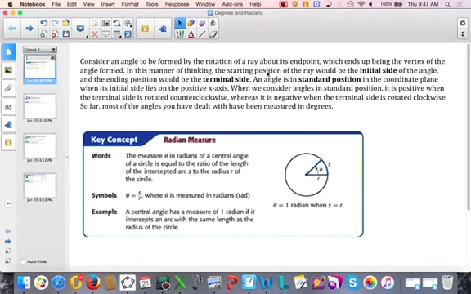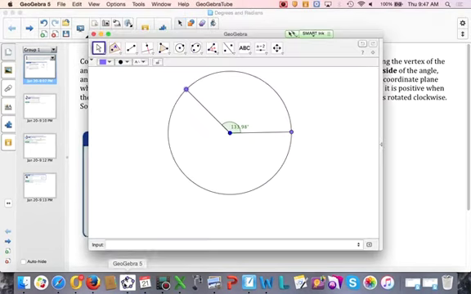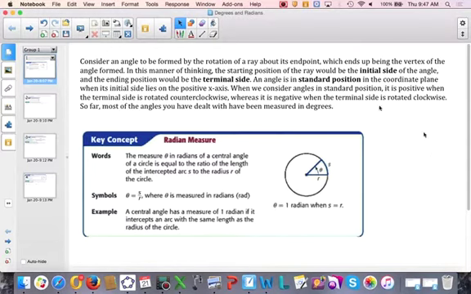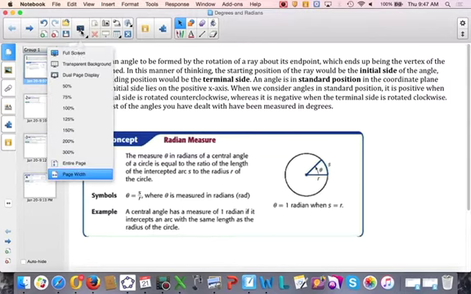Once again, the horizontal side that I showed you here, this is what I call my initial side, and this is the terminal side of the angle. And an angle in standard position has its initial side on the positive x-axis.